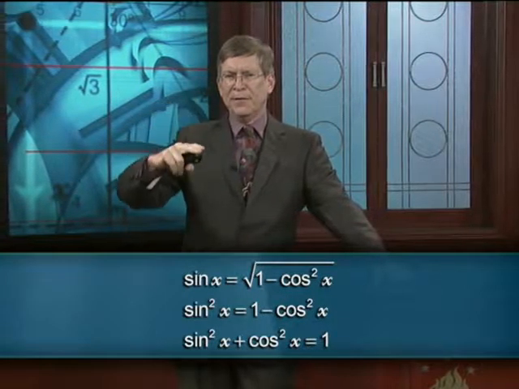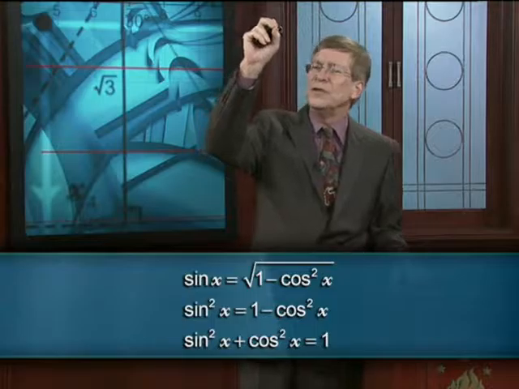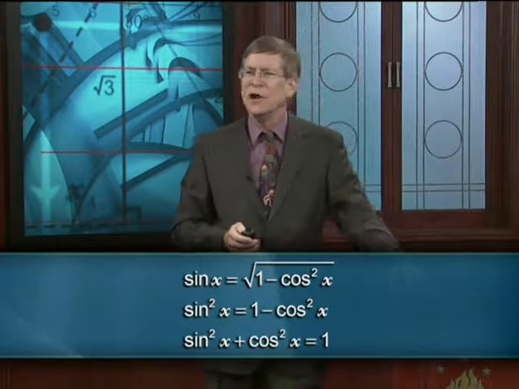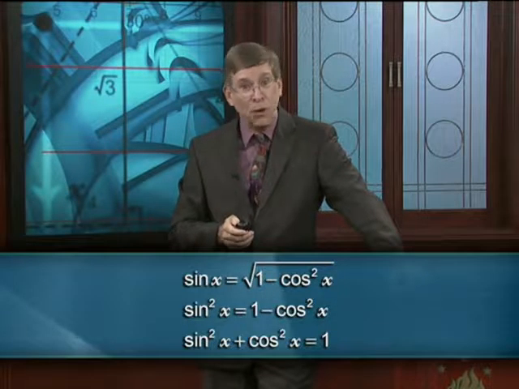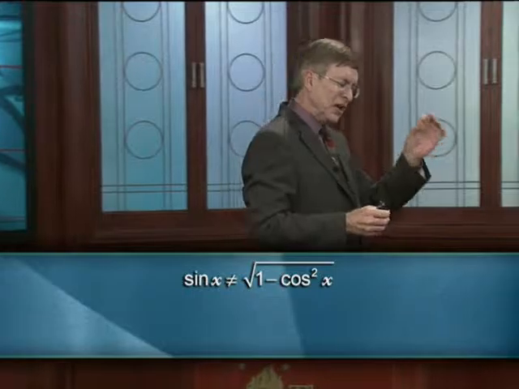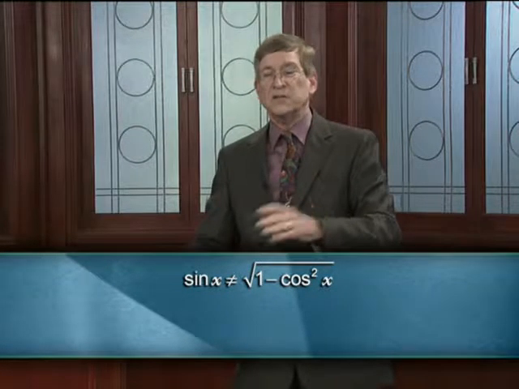So I did some math. I ended up with a true statement. Can I conclude that the original statement at the top is true? No. That statement actually is false for some x values. Sine x does not equal the square root of 1 minus cosine squared x for all x.